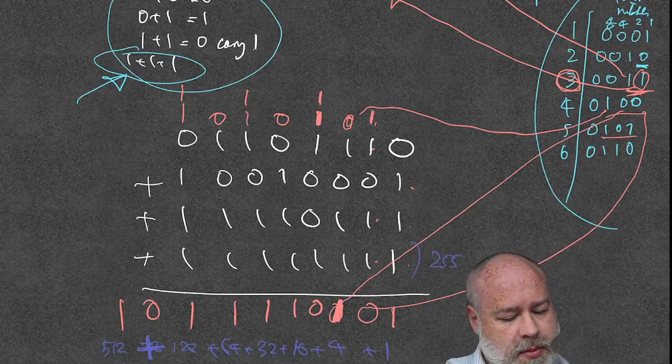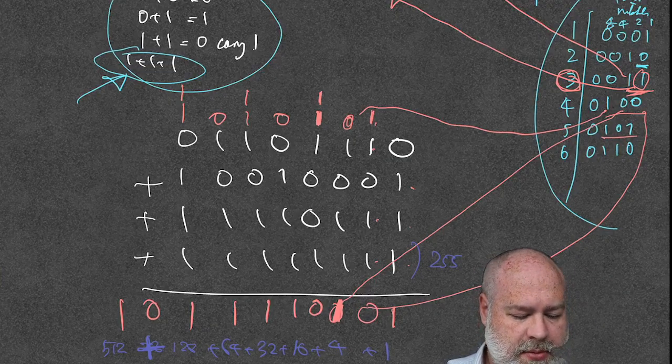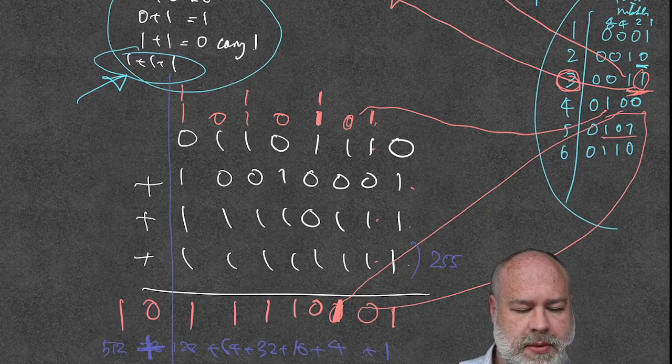So this gives you another interesting point. I couldn't store the value of this addition within 8 bits. It was too big, wasn't it?